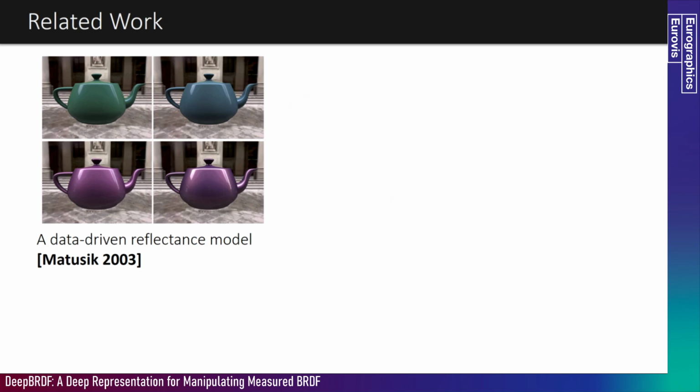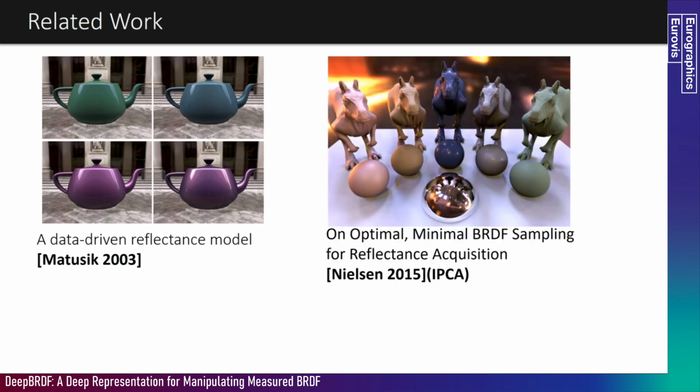Matusik and his collaborators proposed to perform BRDF dimensionality reduction by either linear analysis or nonlinear dimensionality reducers, resulting in a 45-dimensional or 15-dimensional manifold. Nielsen et al. improved the traditional PCA by employing a log relative mapping on raw BRDF values and achieved better linear compression for measured BRDF data.